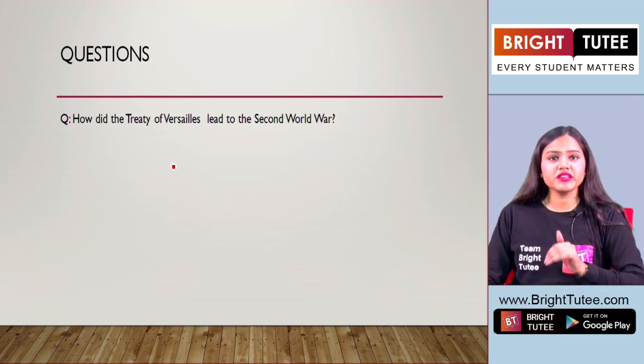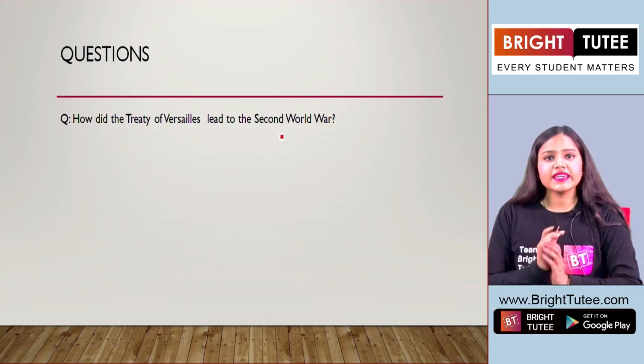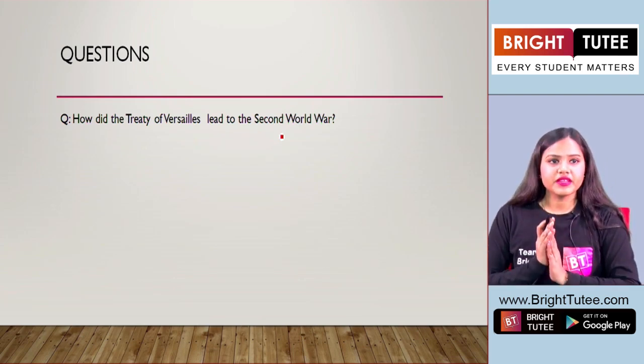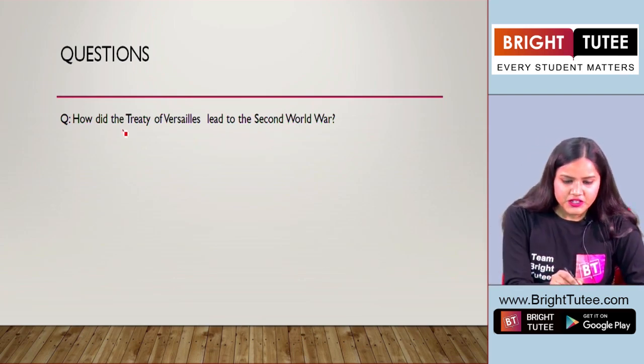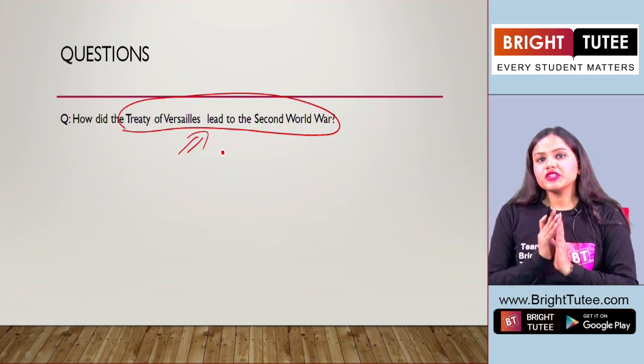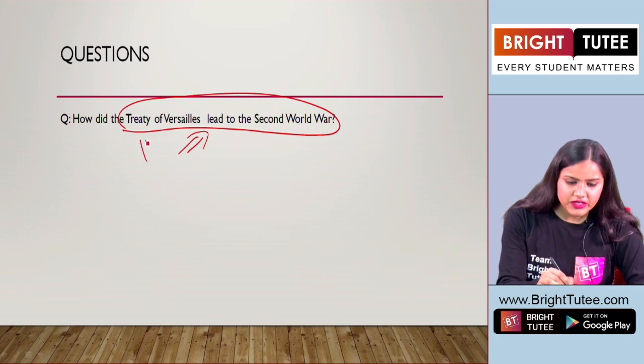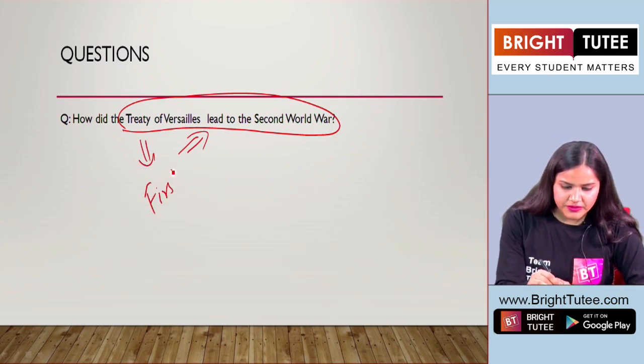The next question here is, how did the Treaty of Versailles lead to the Second World War? Now you have learned about the Treaty of Versailles, right students? That was signed after the First World War.